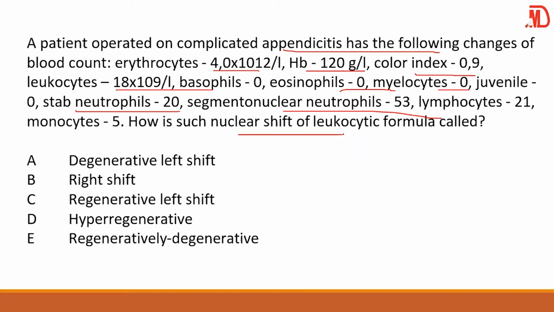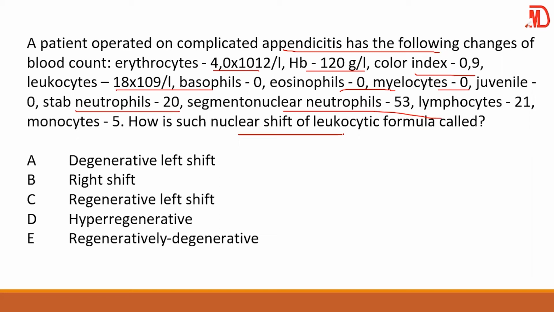Great. So now, when the immature neutrophils, I repeat, when the immature neutrophils are greater than the mature or the segmented neutrophils, we call it degenerative left shift. Now, the opposite is true for regenerative left shift.